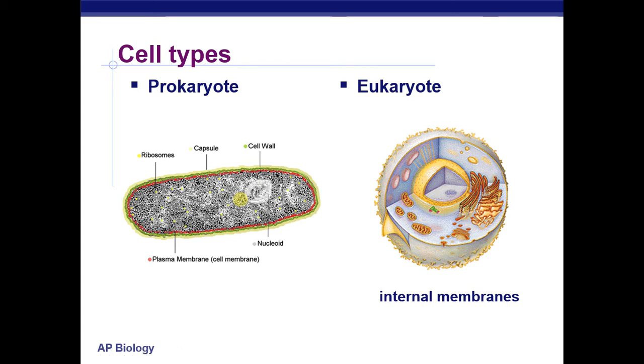Part of the reason why is that prokaryotic cells are about 1 billion years older than eukaryotic cells.